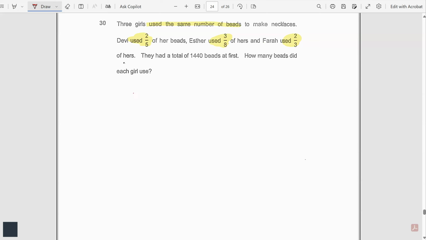Okay, so I know that 2/5 of Devi will be equal to 3/8 of Esther, which is also equal to 2/3 of Farah. By doing this, I'm saying 2 units of Devi equals 3 units of Esther equals 2 units of Farah.